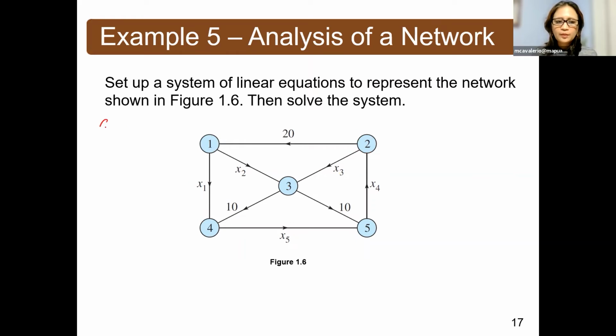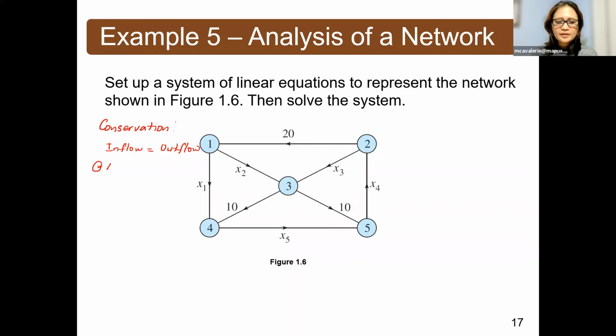Okay, so applying the conservation principle, you will have inflow equivalent to outflow. Say at junction 1, so what happens at junction 1?